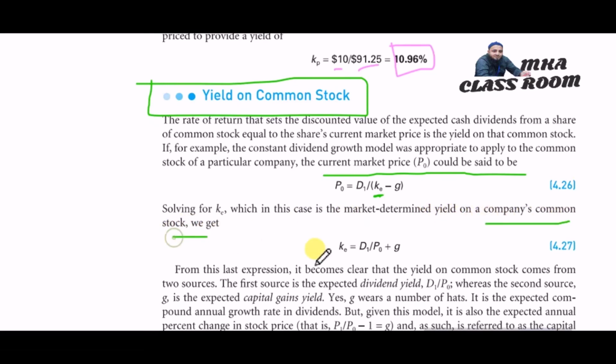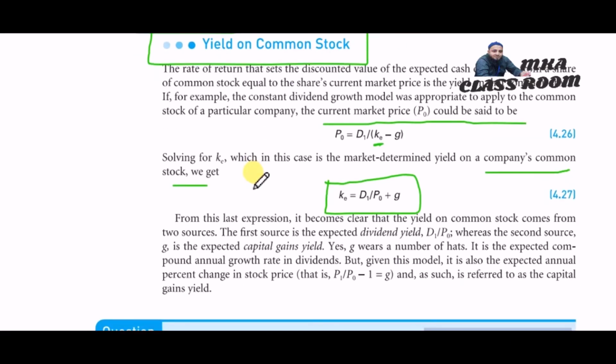So the formula for finding the yield on common stock is KE equals dividend D1 divided by P0 plus G. That is the formula for yield on common stock.